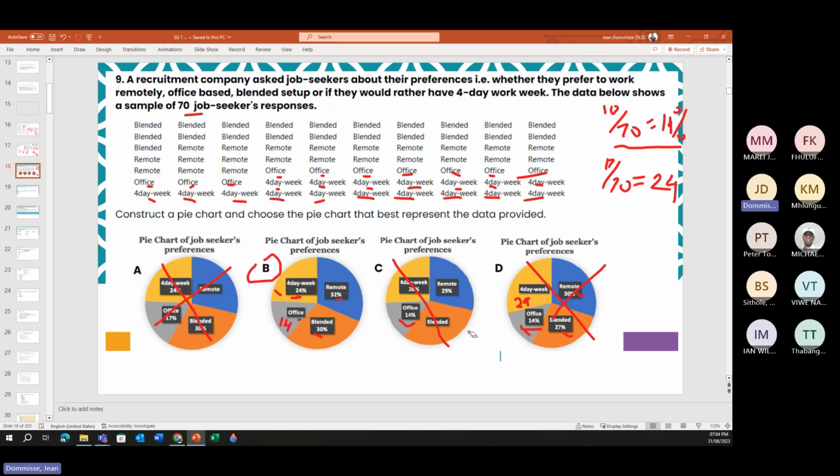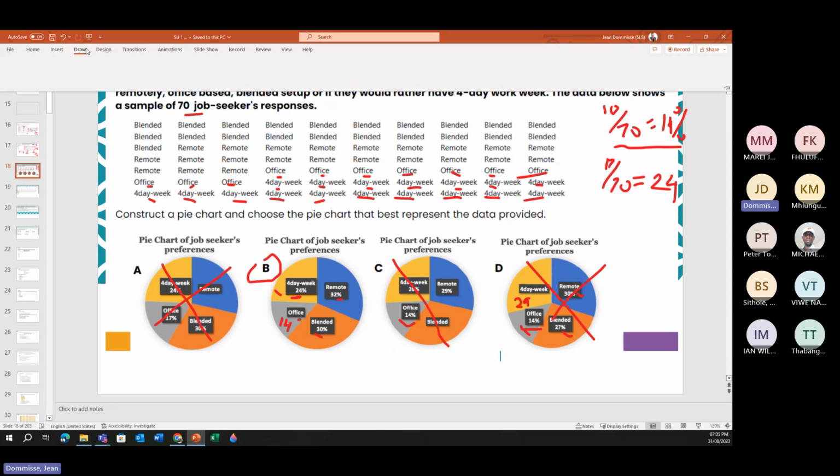It doesn't really matter which one you start off with, but you don't need to do all. And I think that is the important thing again for saving time. Just look at one or two and eliminate. Okay.